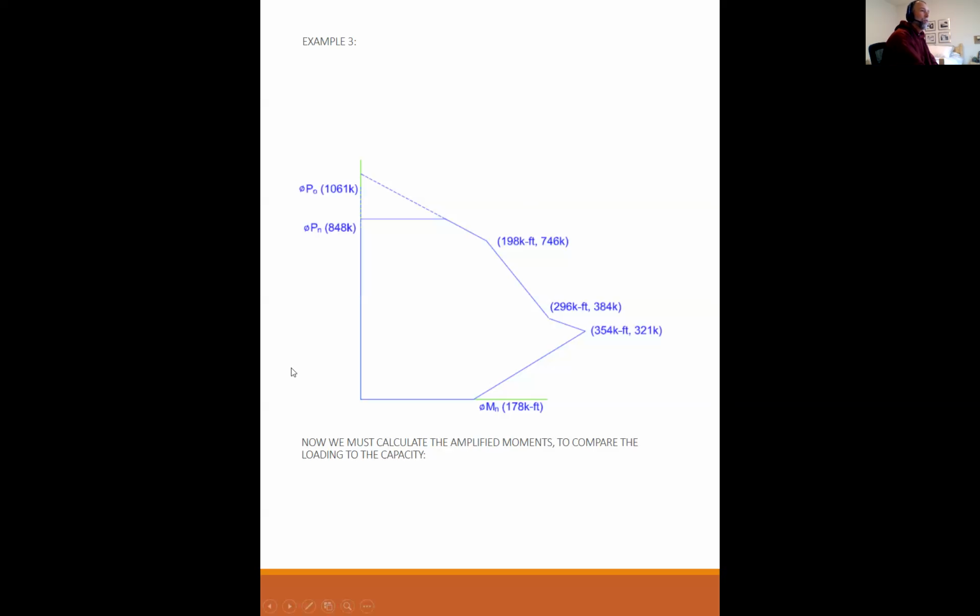And so this whole diagram is still just a graphical representation of the reduced capacity. This is phi Pn, phi Mn in a graphical sort of way, but this is half of your equation. Now we're going to start the other half of the equation, the demand or the load.